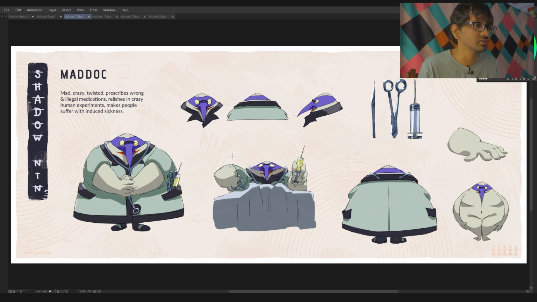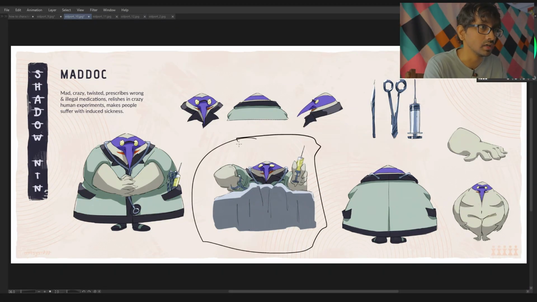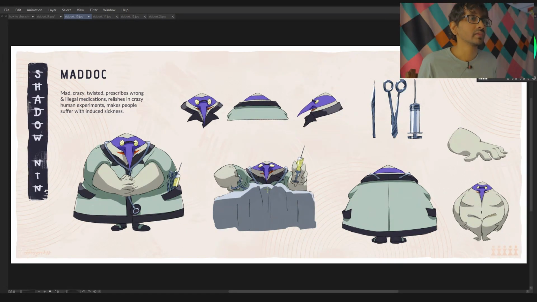Alright, it's all of those things, and he makes people sick by giving them illegal medicines, etc. So it's all twisted mentality. He's doing some operation or something like that, with his wicked smile. So that is the definition of a crazy doctor.